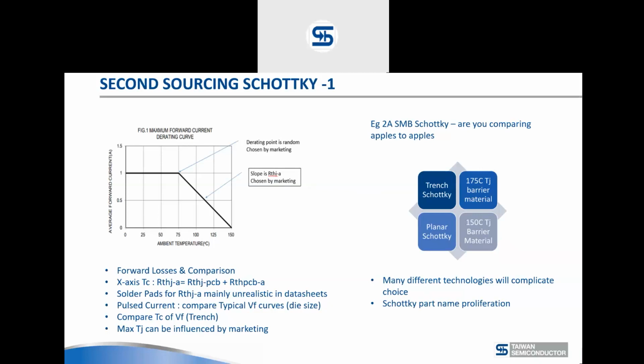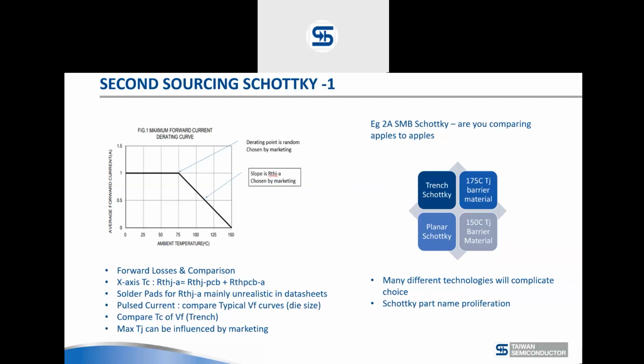In modern day surface mount parts, you replace the x-axis, the ambient temperature, by the case temperature. However, the total thermal resistance usually depends on two parts, the resistance of the package itself and the resistance of the PCB, and the PCB thermal resistance usually is much higher than the package thermal resistance. So if you're just looking at case temperature, to be honest with you, you're also getting misleading values.